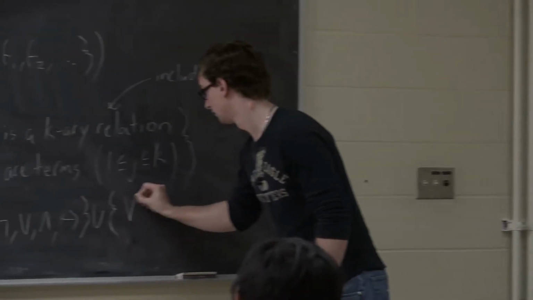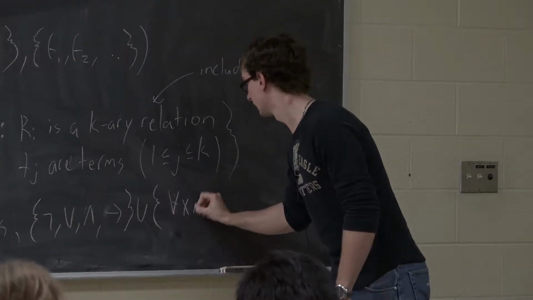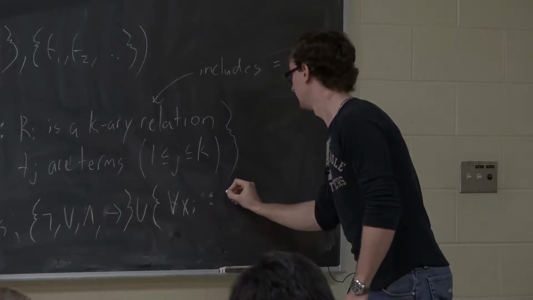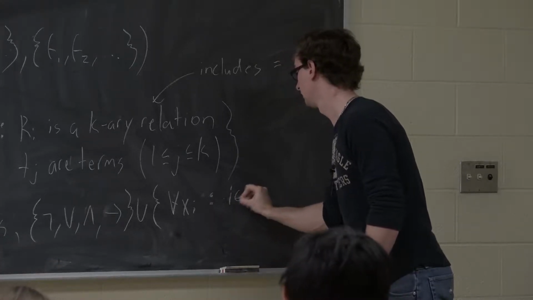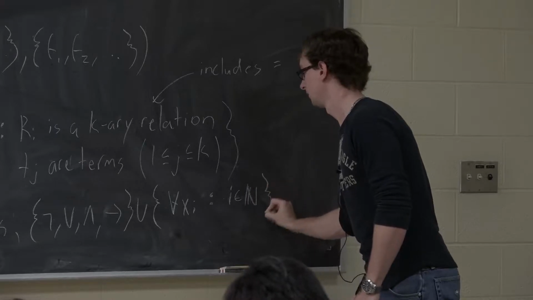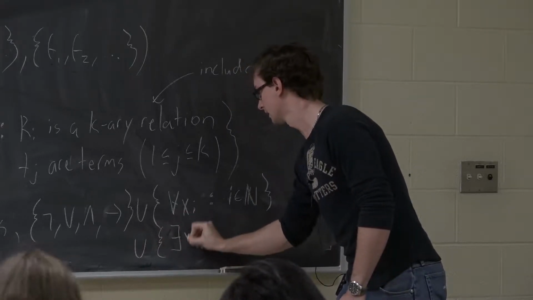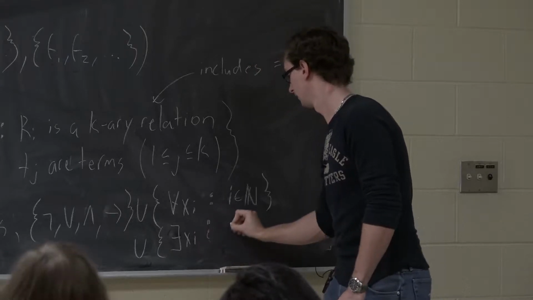So we have for all xi for any i. And we've also got there exists xi for any i.